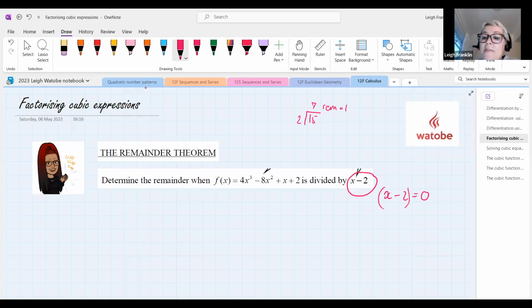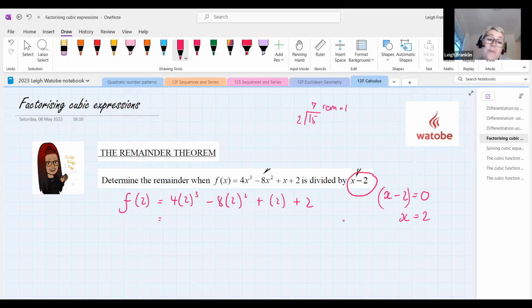Then we would take the 2 over to the other side and say x would be equal to 2. We would find out what the remainder is when we sub in 2 into our expression. So this would be 4 times 2 cubed minus 8 times 2 squared plus 2 plus 2. And that number that we get would be our remainder.